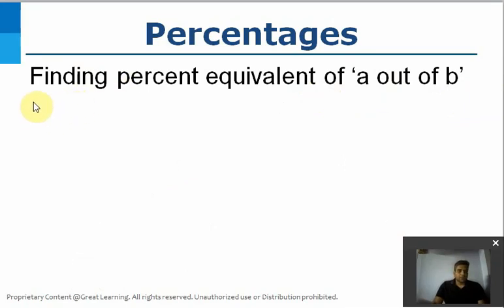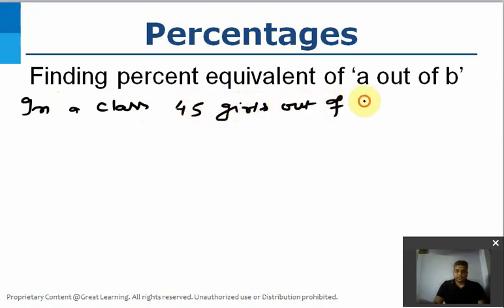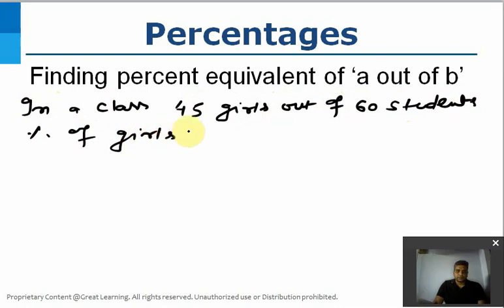Suppose you have a class. In a class we have 45 girls out of 60 students, and I need to find out the percentage of girls in the class, right?